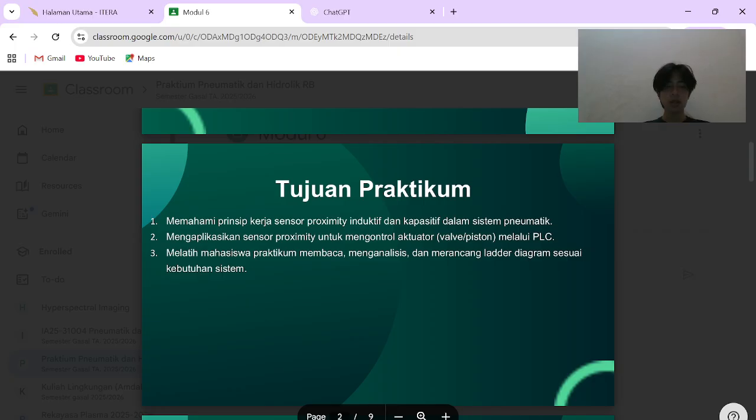The third objective is about developing our analytical skills. We will practice reading ladder diagrams, which are the programming language of PLCs. Understanding ladder diagrams will allow you to design automation systems based on real industrial needs.